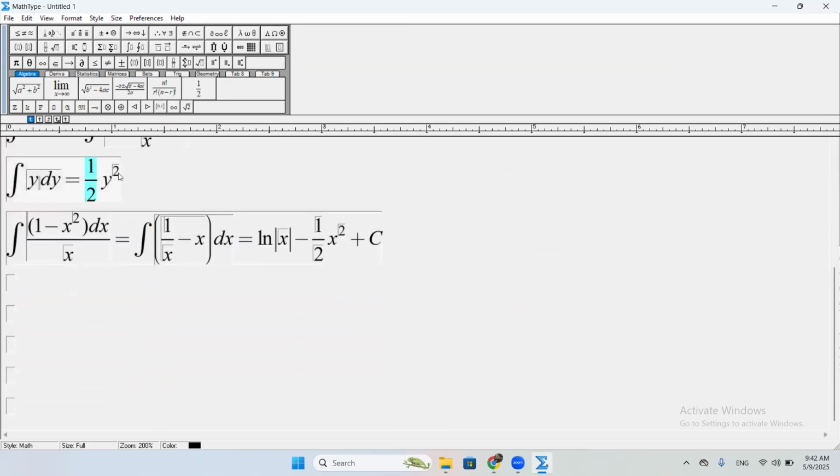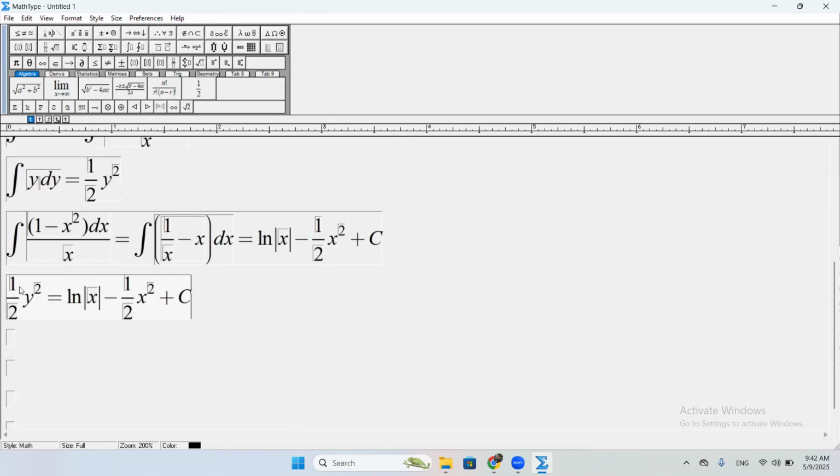And the solution will be the following. So 1 over 2 y squared equals logarithm of x minus 1 over 2 x squared plus c. Here we can express y explicitly, but we will separate the solution into two branches, minus square root and plus square root.